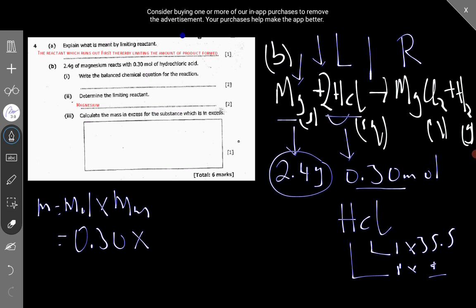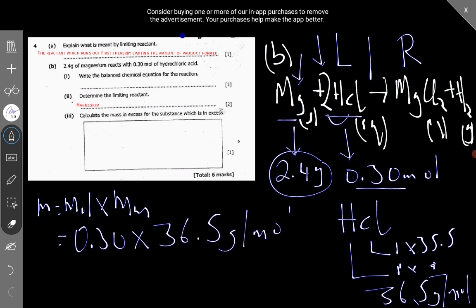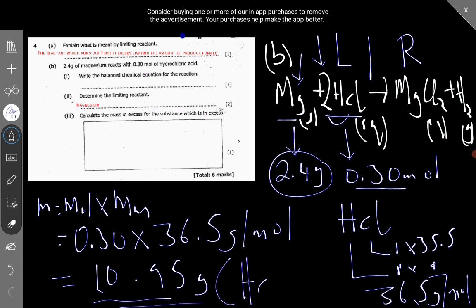When you add these two, you get 36.5 grams per mole. Then you calculate for this, and you get 10.95 grams. So this is the mass for hydrochloric acid, which was added in excess.